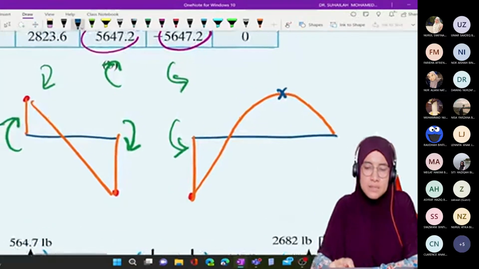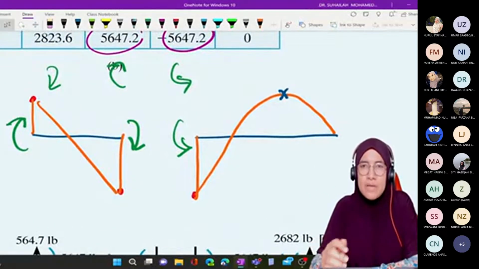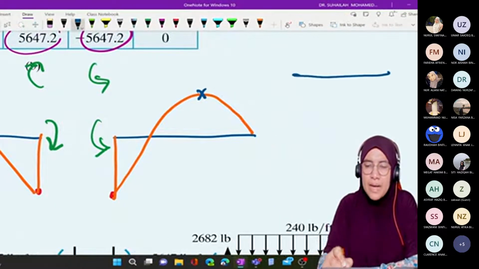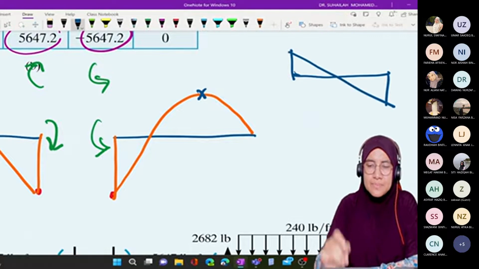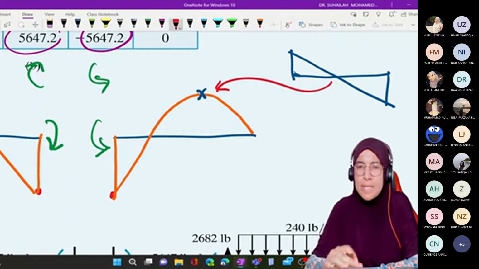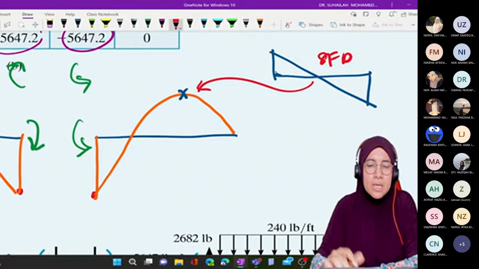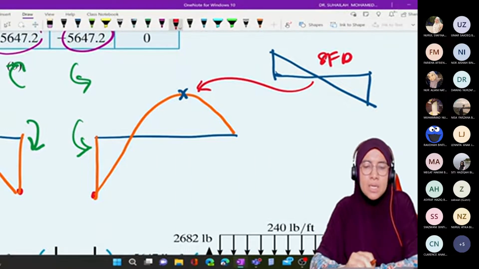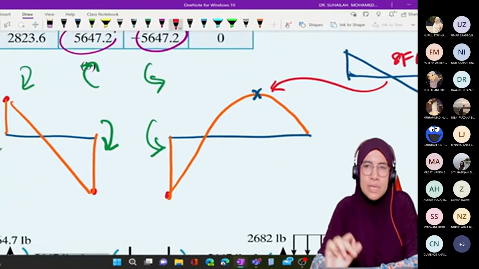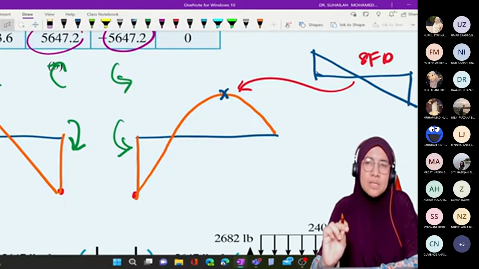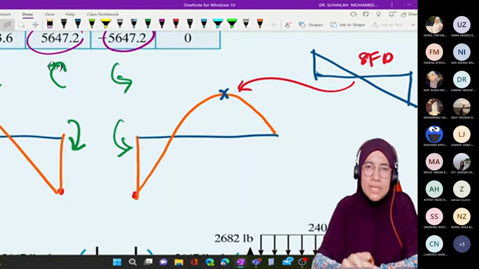This one we just assume. If we have a trapezium, then if the shear force diagram has an intersection, only then do we have the maximum moment. This is the shear force diagram. So the maximum moment we can get from the shear force diagram. When the shear force diagram has an intersection, then we have maximum moment.